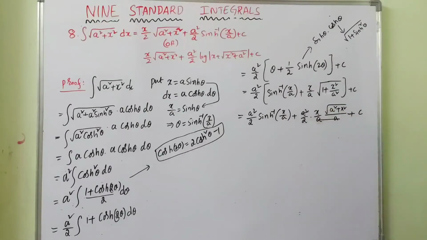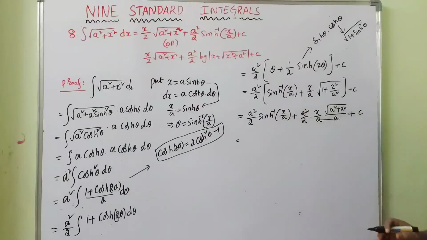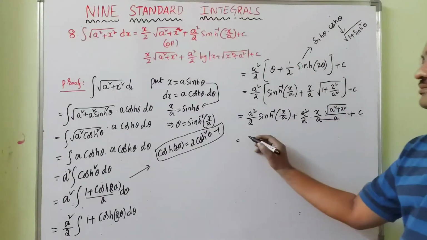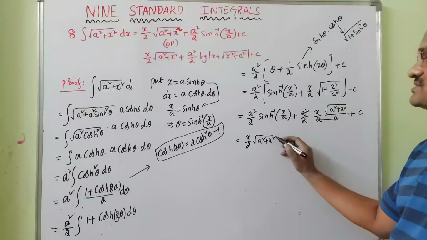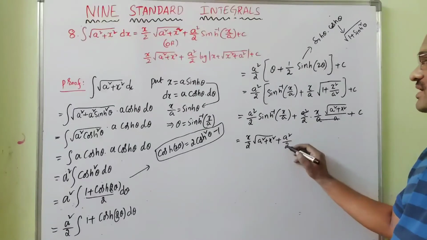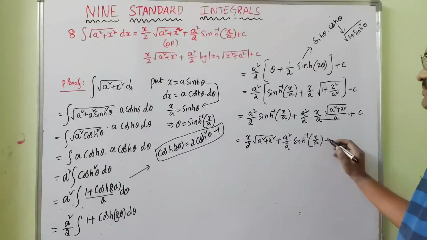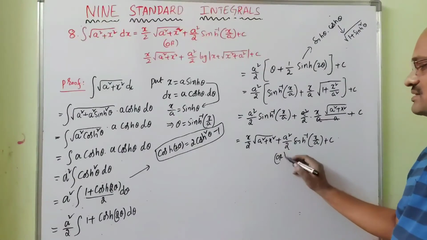A square gets cancelled. Now write the second term as the first term, so that our result comes. What is the remaining thing here? x by 2 root a square plus x square plus a square by 2 sinh inverse of x by a plus c. This is the result we got.